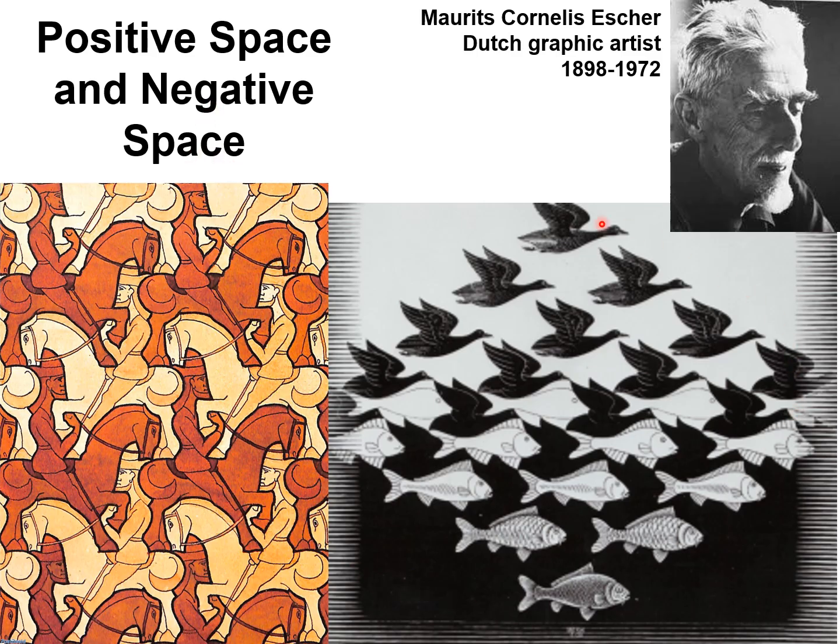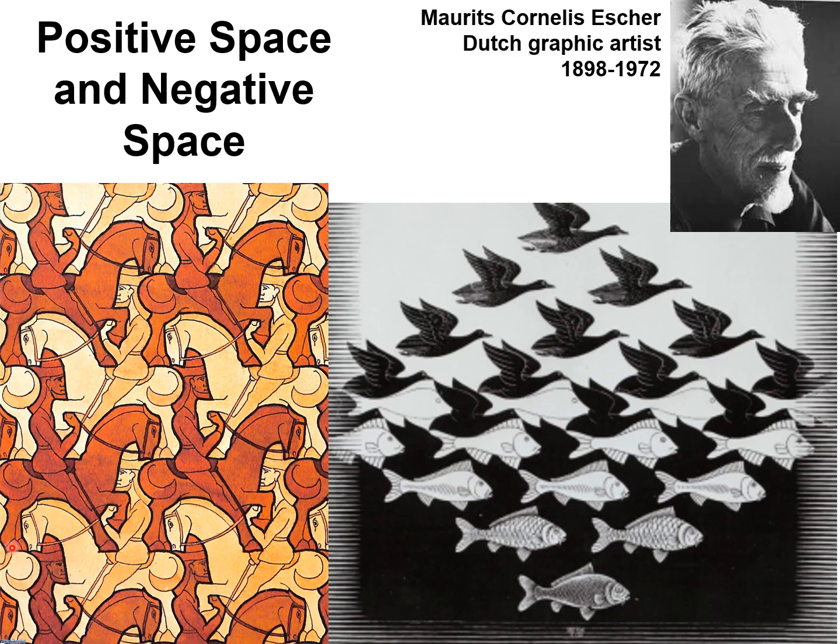For example, if you look at the drawing on the right, you could ask yourself, is it a fish? Is it a bird? If you look at the positive space here, it's a fish, but the negative space is a bird. If you look at the top half, the positive space is a bird. The negative space is fish-like in character.